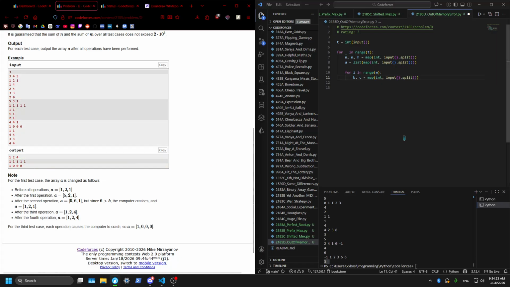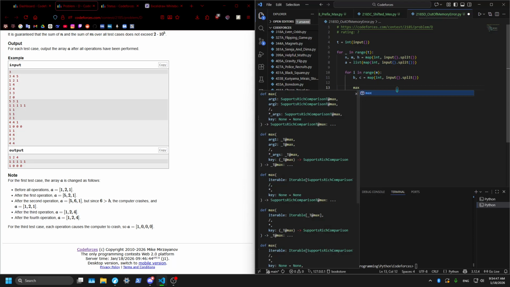Third test case. Each operation causes it to crash. Okay, so when it crashes, it's max.